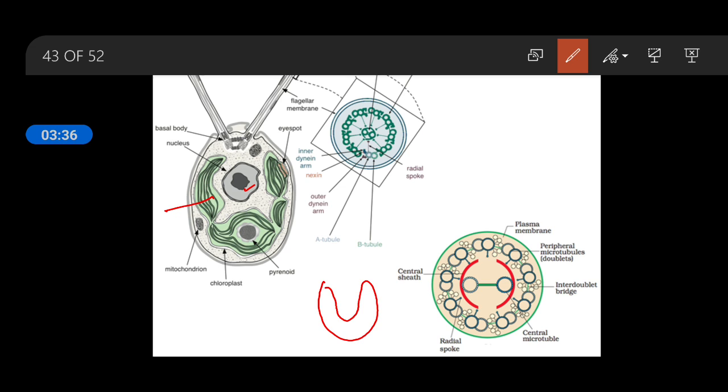Because it shows movement, it also contains a large amount of mitochondria. And what is this pyrenoid? Pyrenoid is the stored form of starch, because the function of chloroplast is the production of glucose, which is converted into starch as stored food. So it is stored in the form of a pyrenoid body. It also contains an eye spot, a light sensitive area that can sense light.